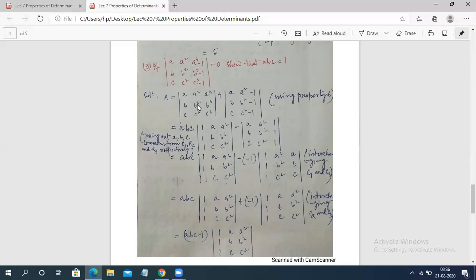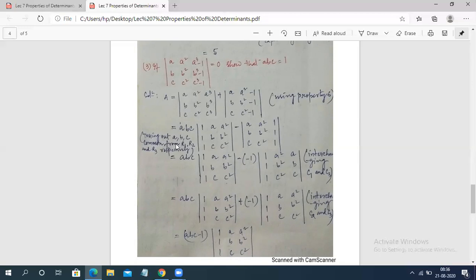Now from the first determinant, you can see each element in the first row has a common term A, each entry in the second row has common term B, and each entry in the third row has common term C. So you can take A common from R1, B from R2, C from R3.